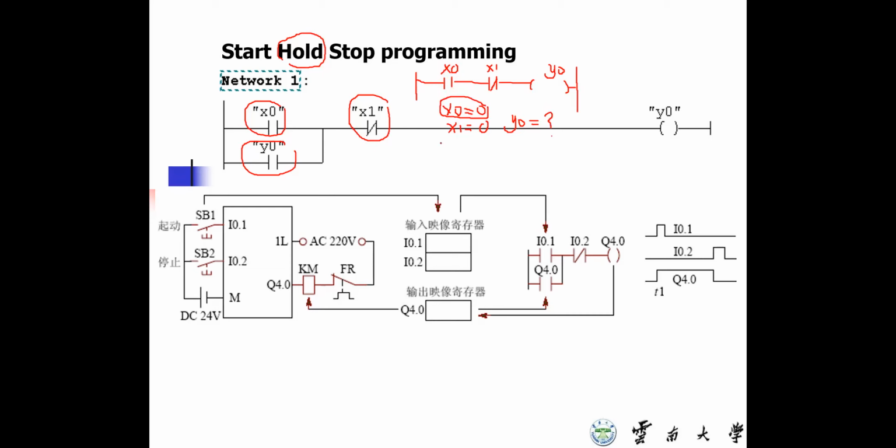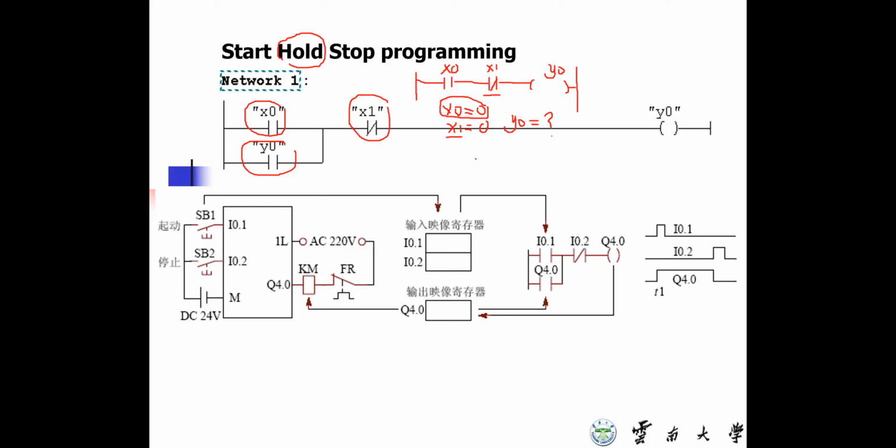So we can see maybe X1 equals 0. So this node is conduction, yes.